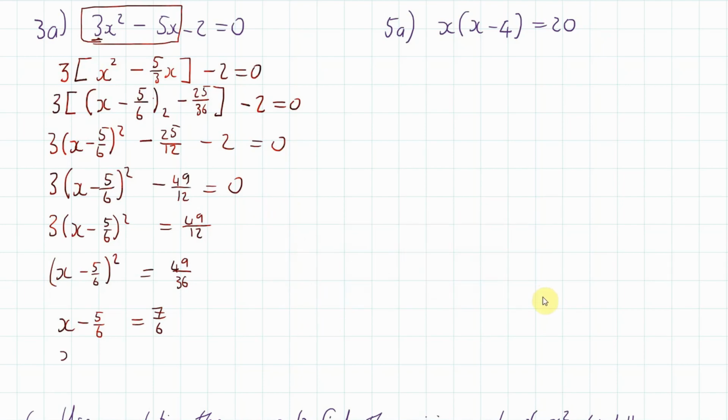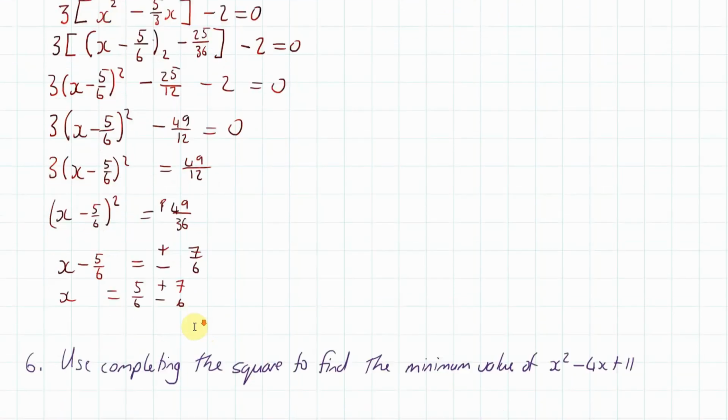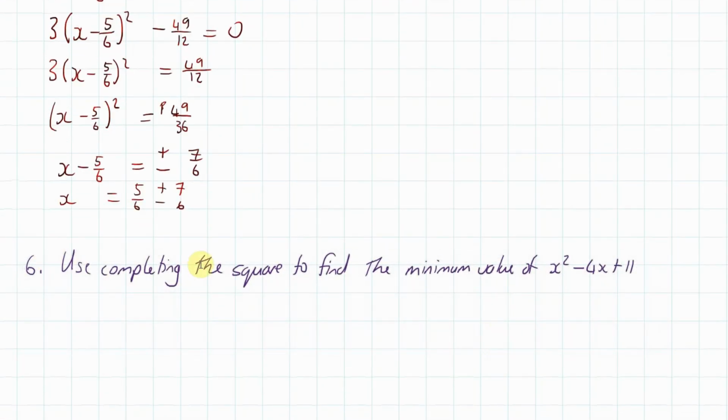And then we move that. Oh, and when we square root it, it should be plus or minus 7/6. So I'll move that over because we're taking the square root. So we get x is equal to 5/6 plus or minus 7/6. And we're going to have a couple of answers there.